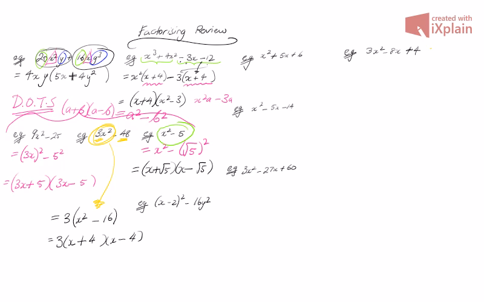Now the last example of difference of two squares is we've got a square factor there, and we're going to have to rewrite this second term so that it looks like a square as well. So I'm just going to take one extra step to rewrite that as a square, and now we have a square minus a square.